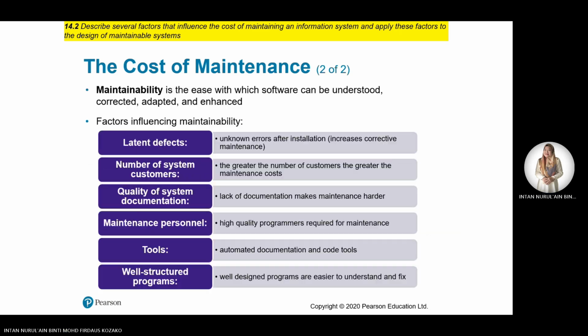When we talk about the cost of maintenance, it also relates to maintainability, which is the ease with which software can be understood, corrected, adapted, and also enhanced. The factors influencing maintainability can be latent defects, number of system customers, quality of system documentation, maintenance personnel, tools, and well-structured programs.